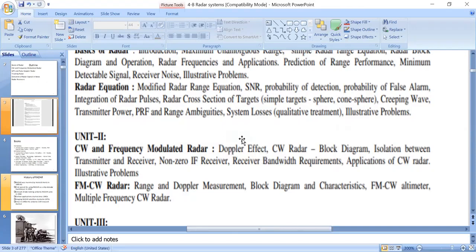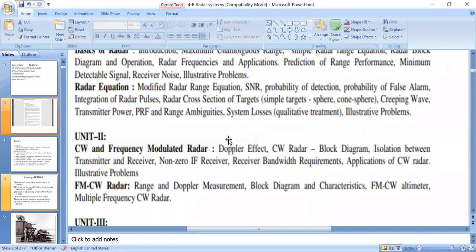Whenever a wave touches a moving object, there will be a shift in the frequency of the transmitted wave with respect to the moving target. That frequency shift is called the Doppler shift, and that phenomenon is called the Doppler effect, right?